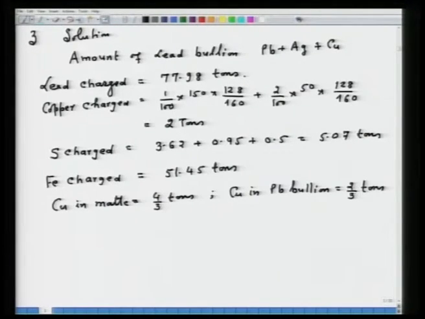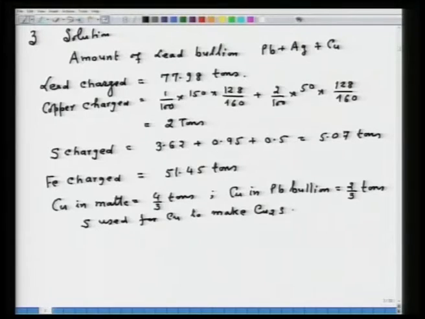That 2 tons will be divided accordingly. Now, sulphur used for copper to make Cu2S, because in the matte the sulphur will not be free, it is combined with the Cu2S. So, sulphur used for copper is equal to 1/3 tons.